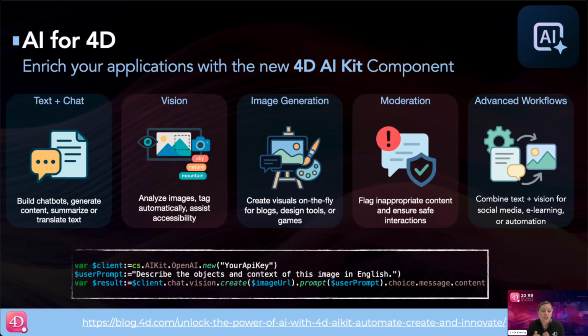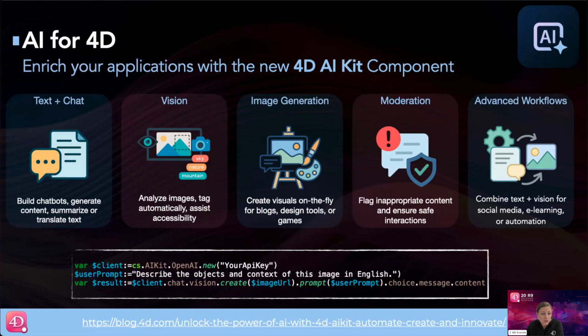Why should you use AI Kit inside 4D instead of external scripts or a platform? Because everything is natively integrated. Your AI workflows run in your 4D logic, UI, and context. You benefit from full control over execution, user inputs, and data handling. And you can scale easily, secure API usage, and create a responsive user experience.